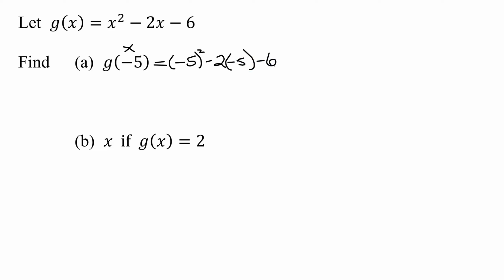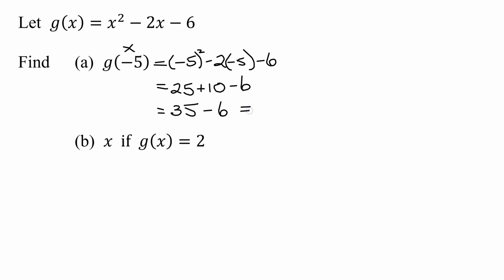So now all I have to do is evaluate that expression. Well, negative 5 all squared is negative 5 times negative 5, which is positive 25. Negative 2 times negative 5 is positive 10 minus 6. So I'm going to have 25 plus 10 is 35 minus 6.